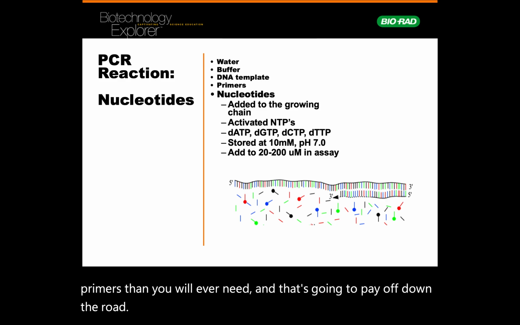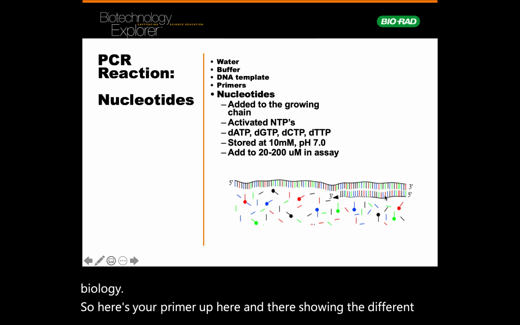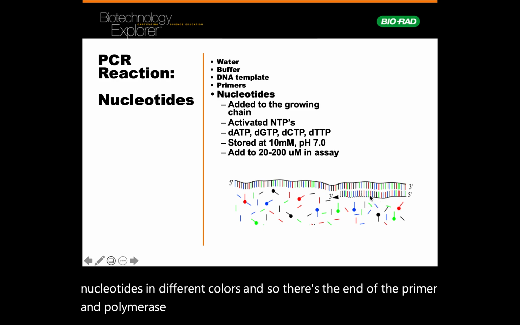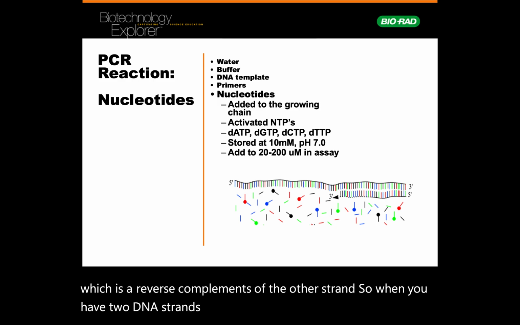Okay, nucleotides, you need your A, G, C, and T. That's just basic biology. So here's your primer up here, and they're showing the different nucleotides in different colors. There's the end of the primer, and the polymerase will add on to the primer and make a copy, which is a reverse complement of the other strand. When you have two DNA strands together, they run in opposite directions.